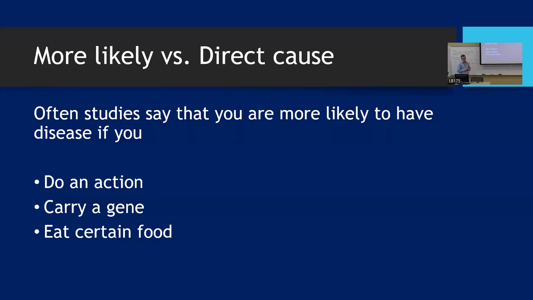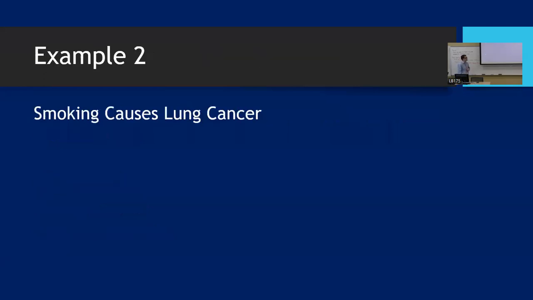And that may be true, but we don't know if that eating of a certain food or carrying of a certain gene is actually the direct cause of disease. Does that make sense?